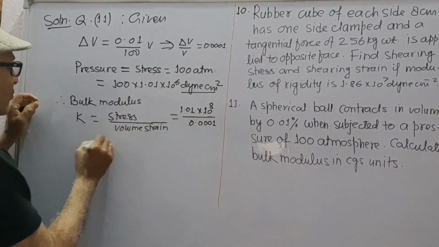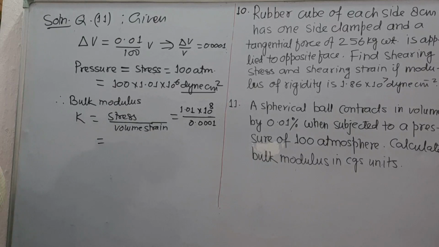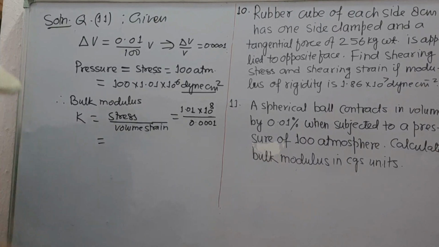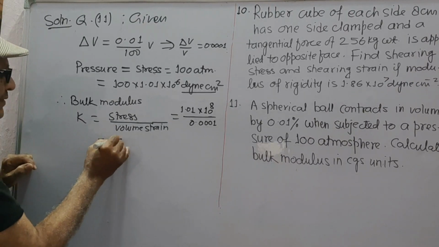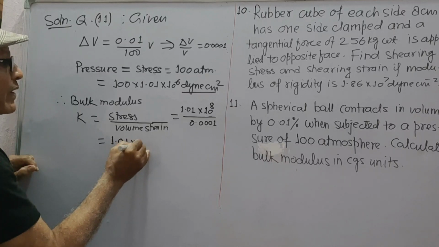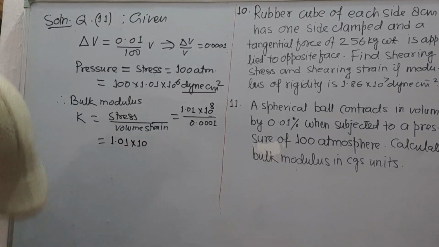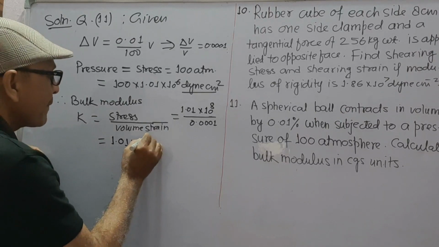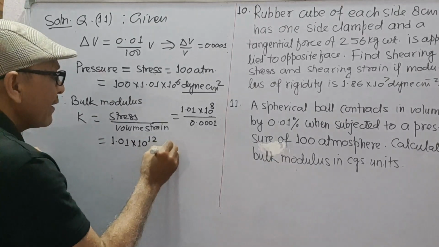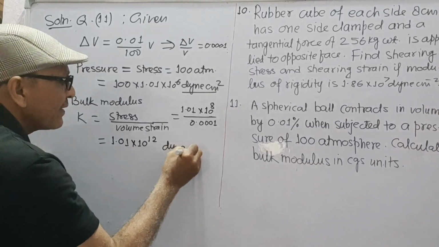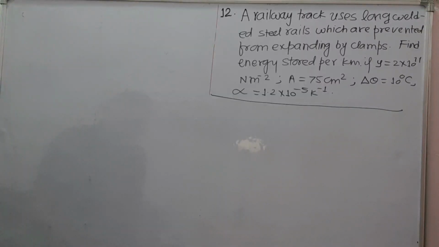So bulk modulus will be equal to 1.01 into 10 to power 12 dyne per cm square. Next question number 12.